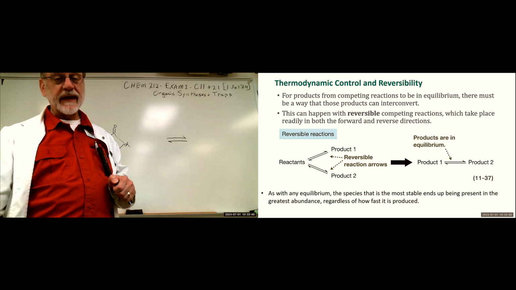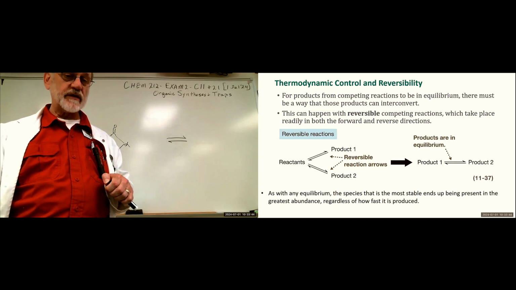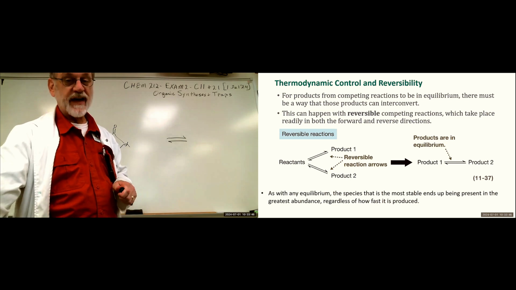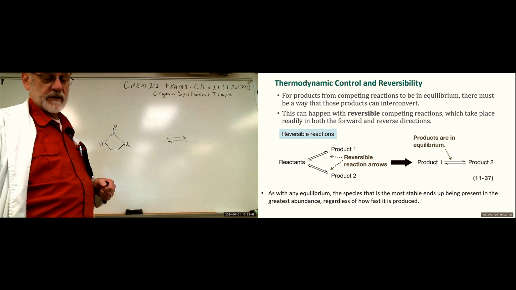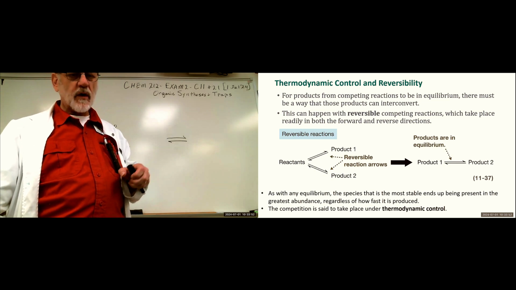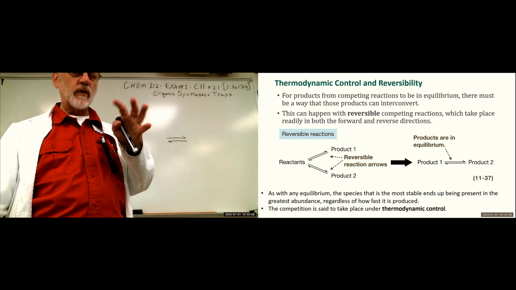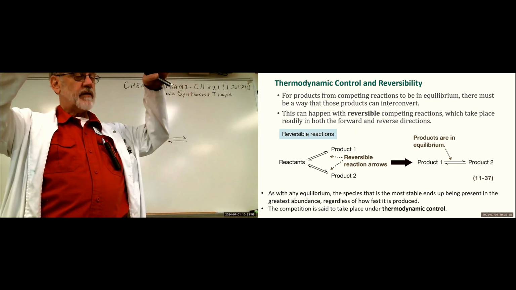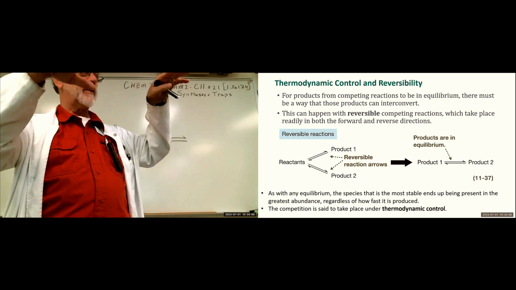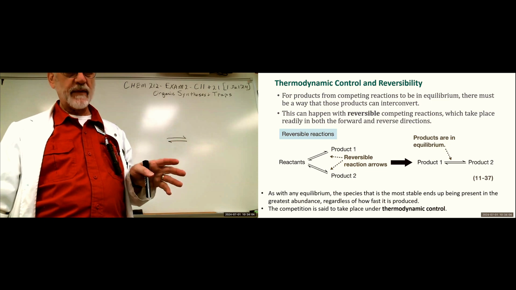As with any equilibrium, the species that's the most stable ends up being present in the greatest abundance, regardless of how fast it is produced. So this is thermodynamic control, when you have an equilibrium and a very small energy barrier for going forwards or backwards.